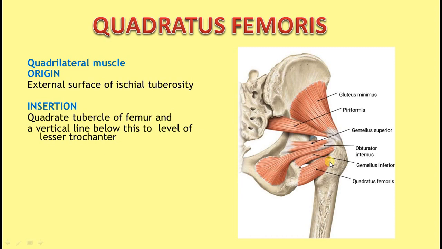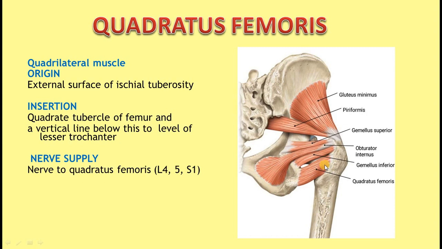Now, if you look at the quadrate tubercle, it is present somewhere midway between the intertrochanteric crest, that is between the greater trochanter and the lesser trochanter. Because it is a projection and this muscle is inserted into the quadrate tubercle, don't think the quadrate tubercle is because of traction epiphysis. It is not because of traction epiphysis. It is actually the fusion of epiphysis between the greater and the lesser trochanter.